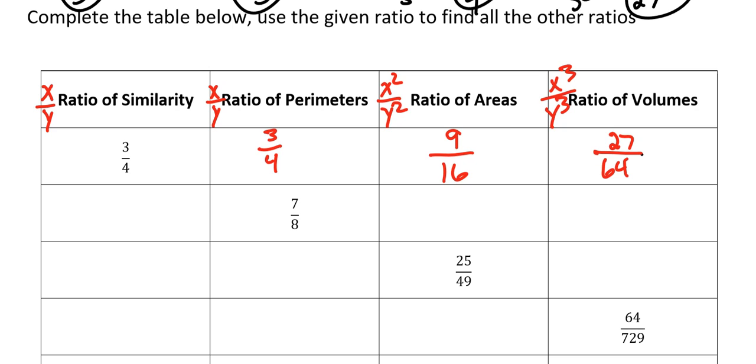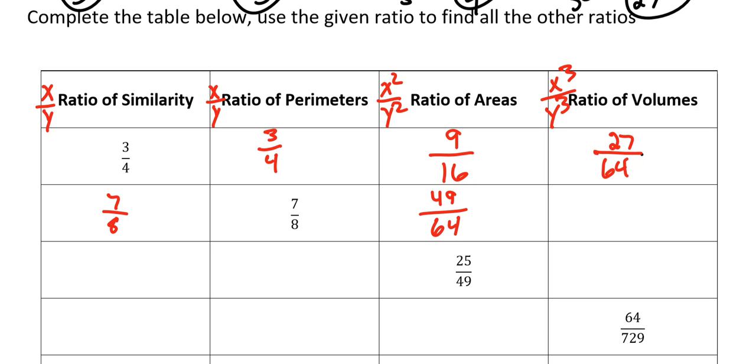27, and then on the bottom, 4 cubed is going to be 64. All right, next. For the next one, I'm starting with the perimeters. So we have to go backwards, so to speak. If you're starting with the perimeter, the similarity ratio is again the same, so it's just 7/8. The area ratio is going to be 49 over 64, squaring both of those terms.